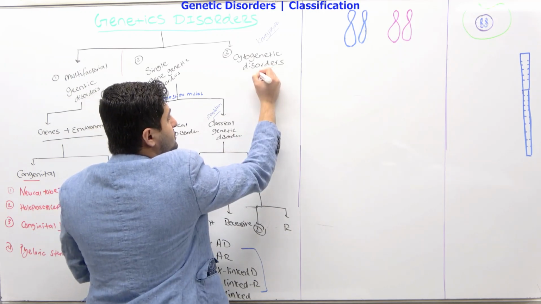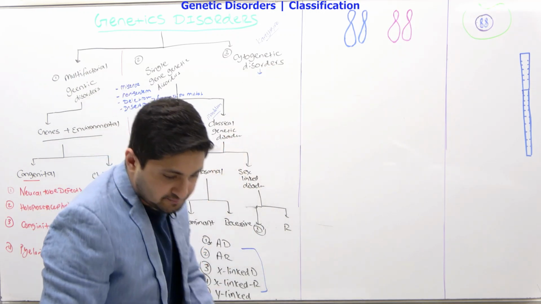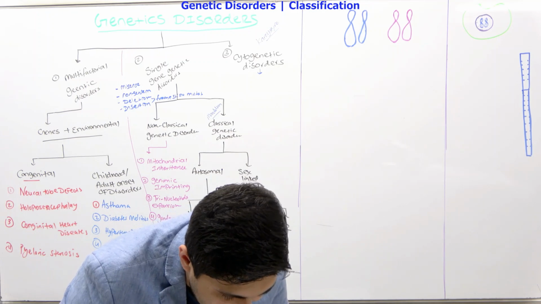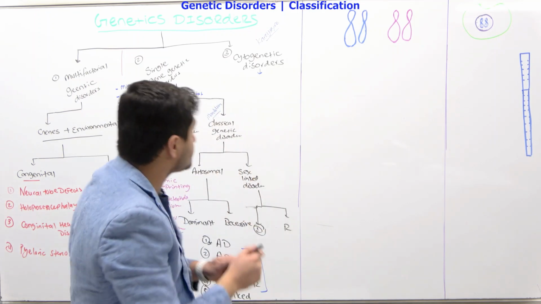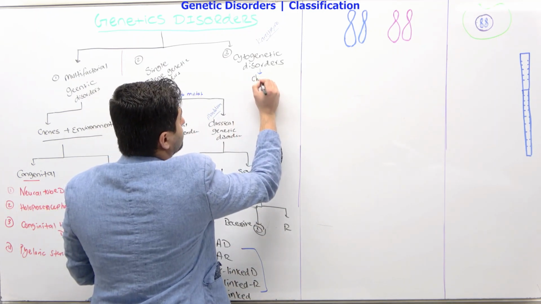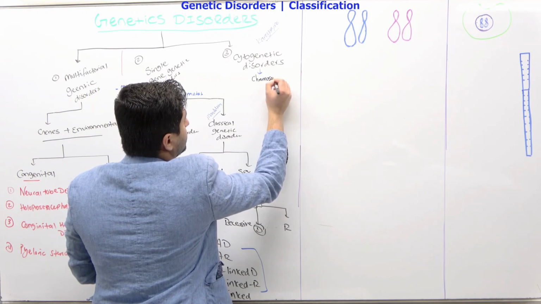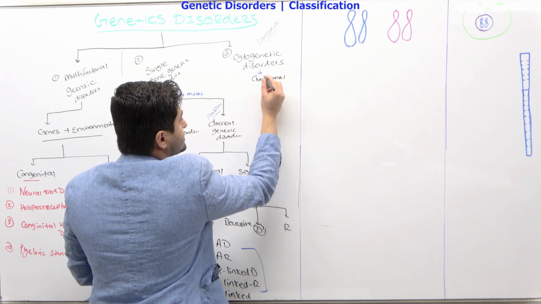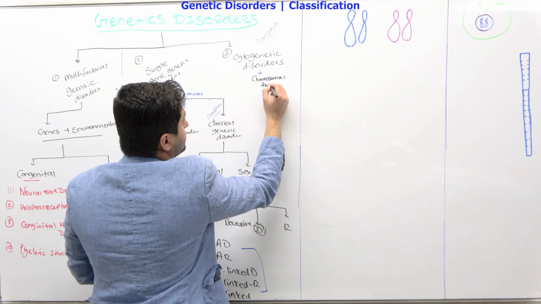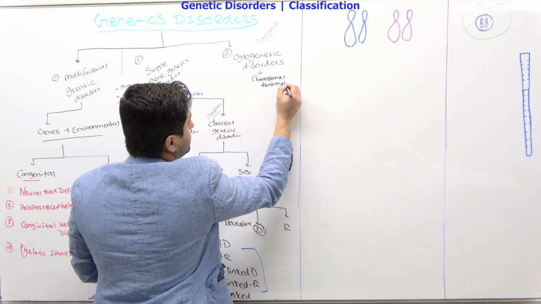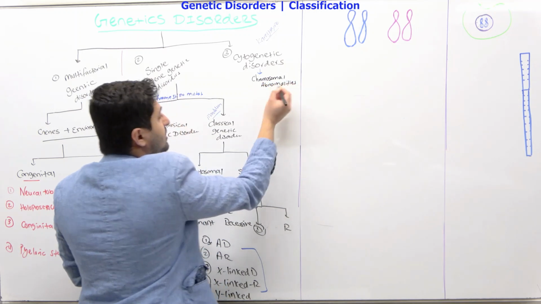So here, we'll simply say that we're studying diseases that have to do with chromosomal alterations, or we can simply say abnormalities. This is what we're talking about: disorders that have to do with the chromosomes.